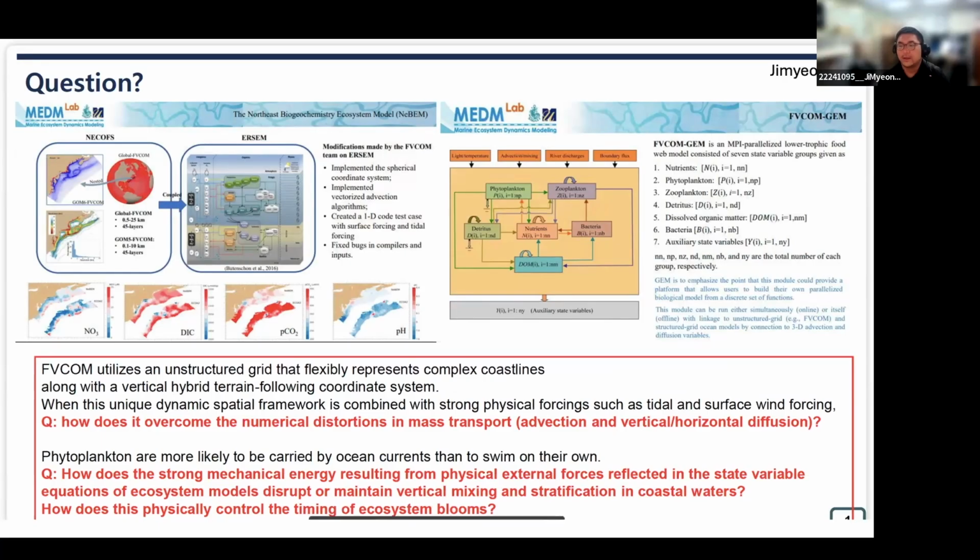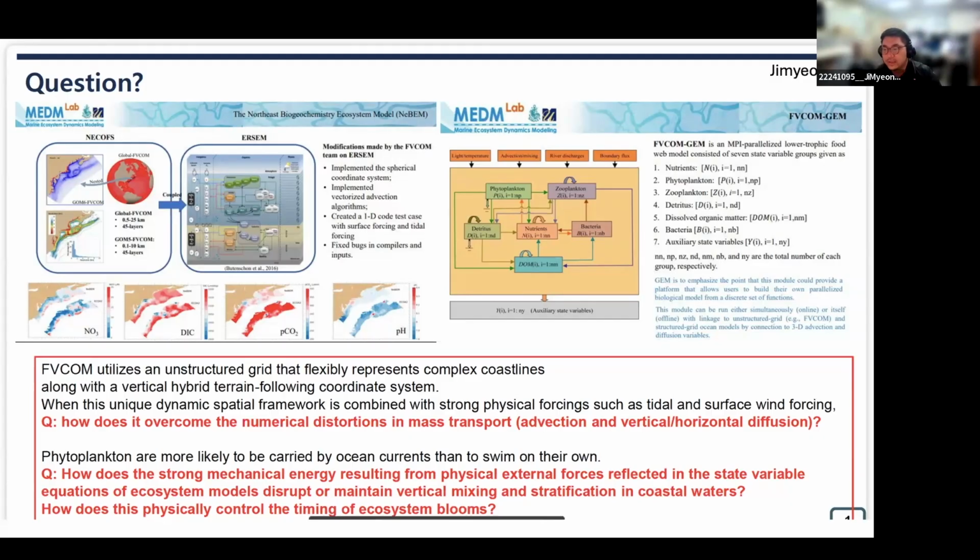My question is, FVCOM gem is utilized on an unstructured grid, which represents complex coastlines. I wonder how it reduces the numerical error in mass transport, such as advection and vertical and horizontal diffusion, compared with a structured grid. That is my first question.